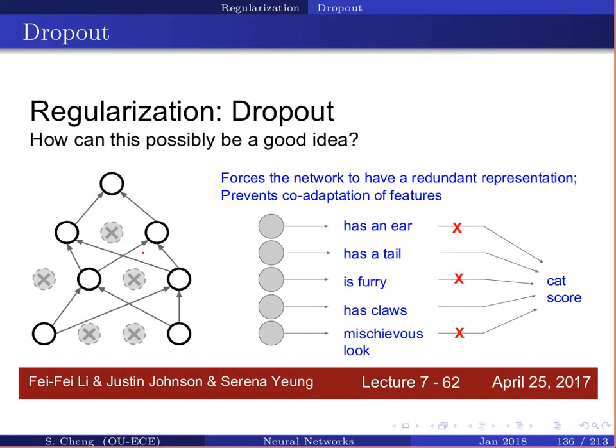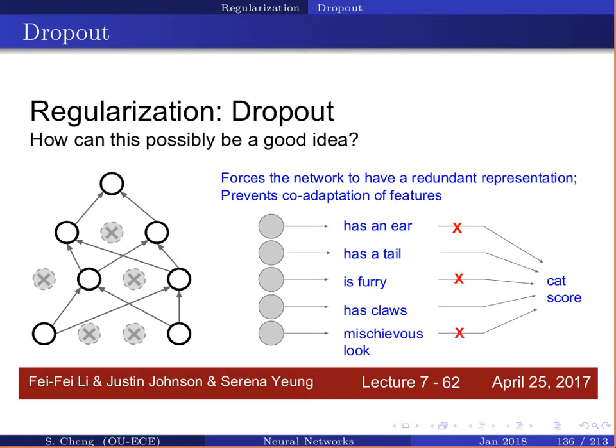One argument for why this actually works is that you may consider this as some kind of regularization, in the sense that you remember regularization is basically trying to pull back your weight a little bit, not to go completely crazy. And here, what you can imagine is, for example, in some intermediate layer, each of the nodes corresponds to different characteristics of the object you're trying to recognize.